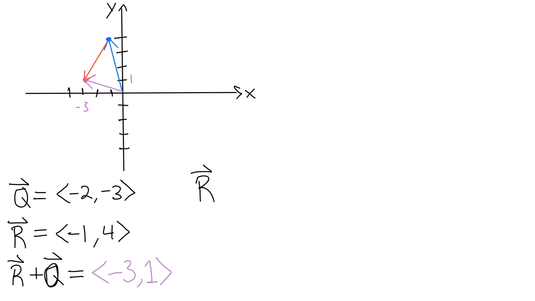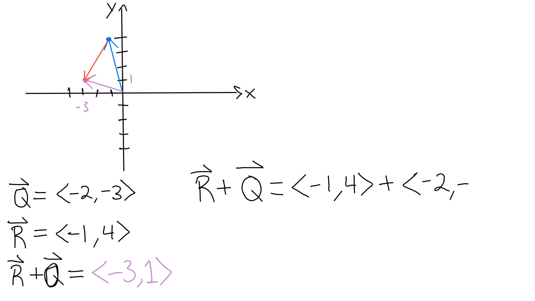R plus Q. R is -1, 4 plus Q, which is -2, -3. You can go component by component.